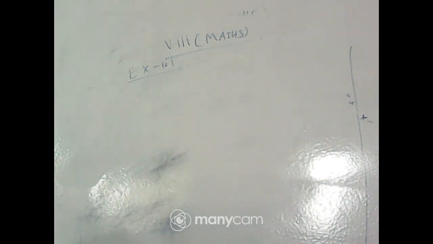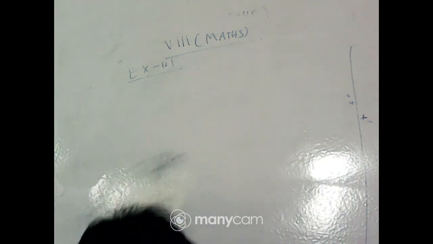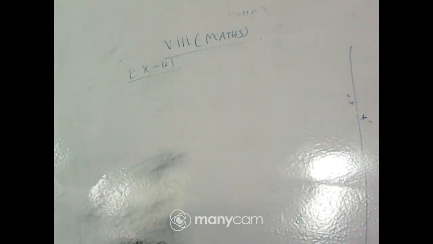So first number, it is given that, wait students, minus 13, what will be the multiplicative inverse?